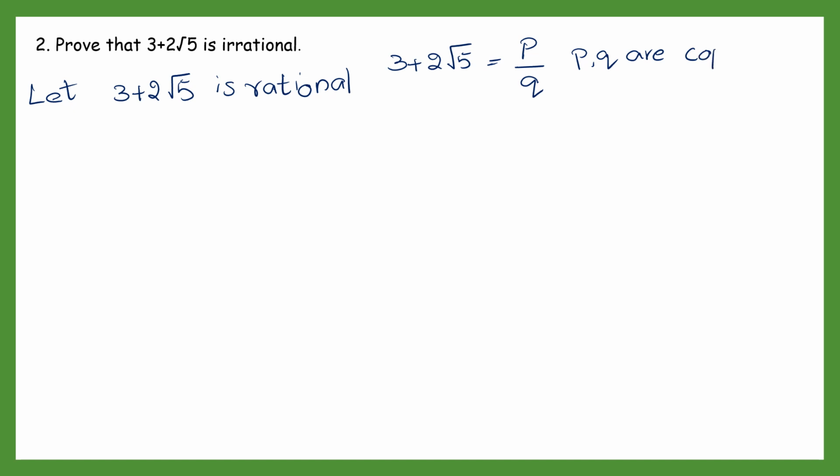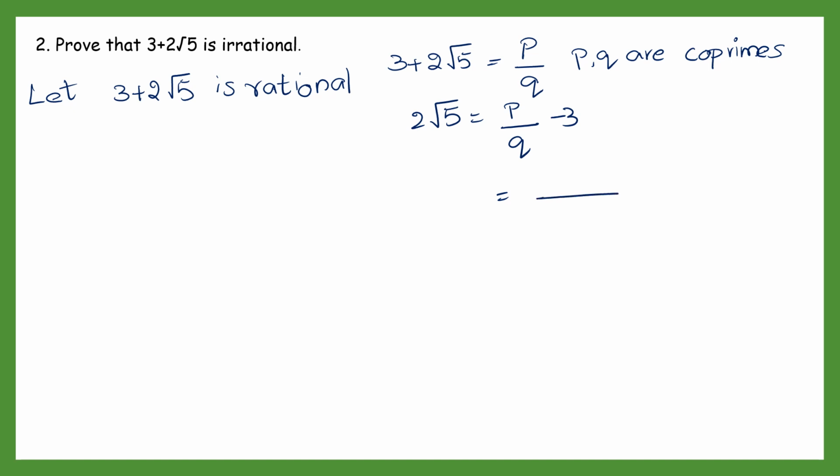That means they should not have any common factor other than 1. 3 plus 2 root 5 is equal to p by q. That means 2 root 5 is equal to p by q minus 3.